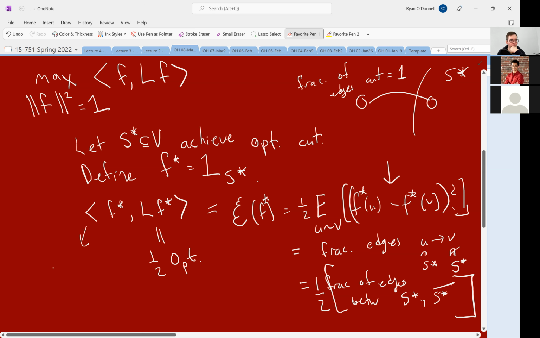Then this will always be upper bounded by the max of f inner product with Lf. Does that make sense? Yeah, this is at most this.